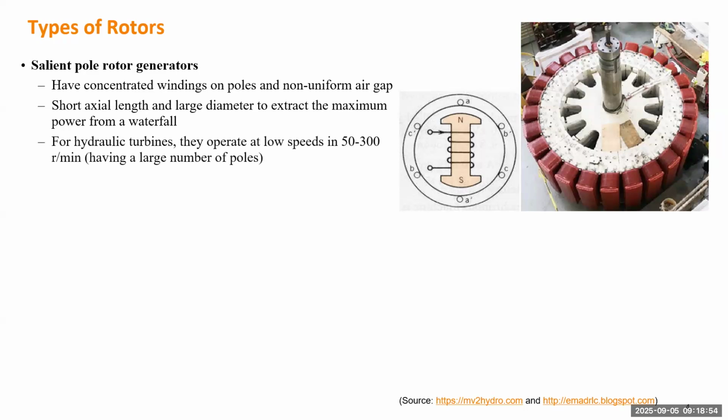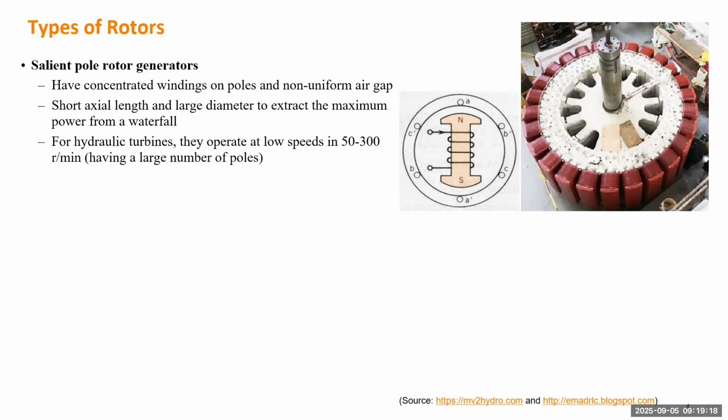And the rotor can be much bigger than the round rotor generator, so it has large inertia. For hydraulic turbines, they operate at lower speed than the round rotor generator, such as in the range from 50 revolutions per minute to 300 revolutions per minute, because of the large number of poles.